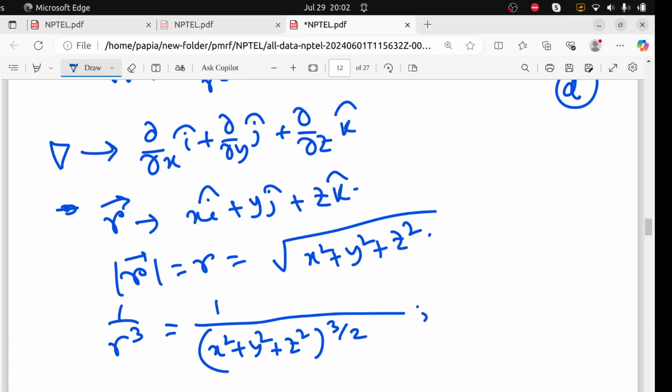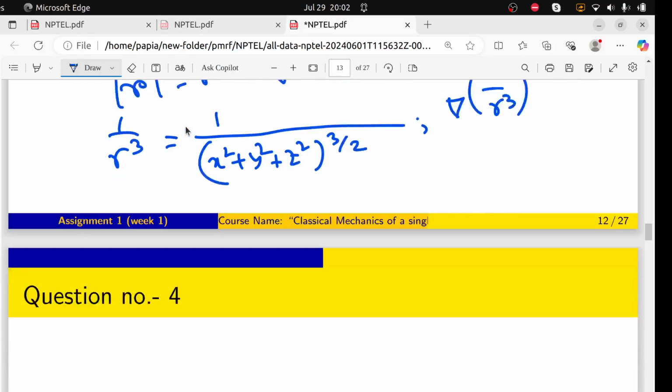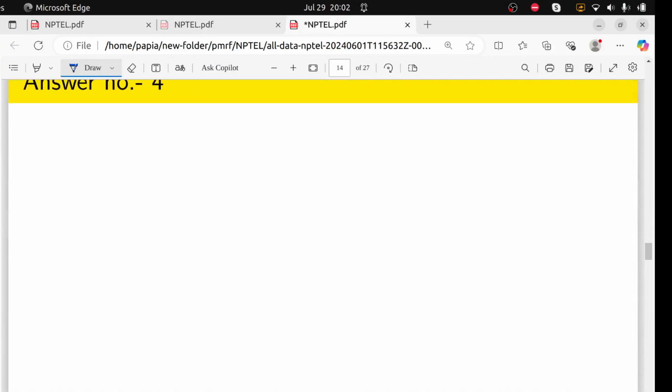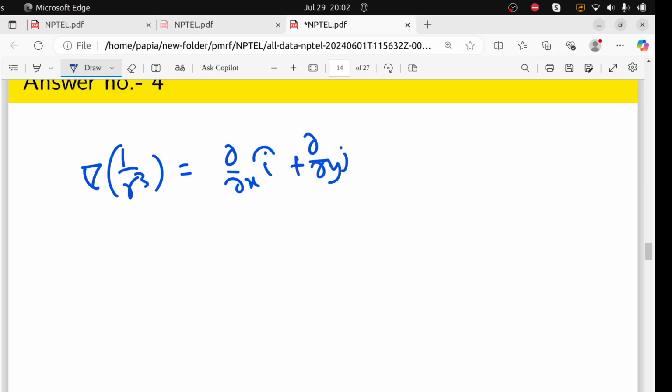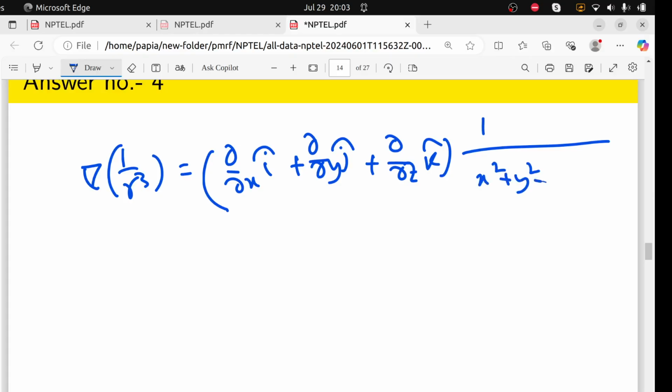Okay. Now coming to grad of 1 by r cube. So grad of 1 by r cube means what? Let me write it somewhere else. So grad of 1 by r cube means del x of i cap, del y of j cap, del z of k cap of 1 by x square plus y square plus z square whole to the power 3 by 2.